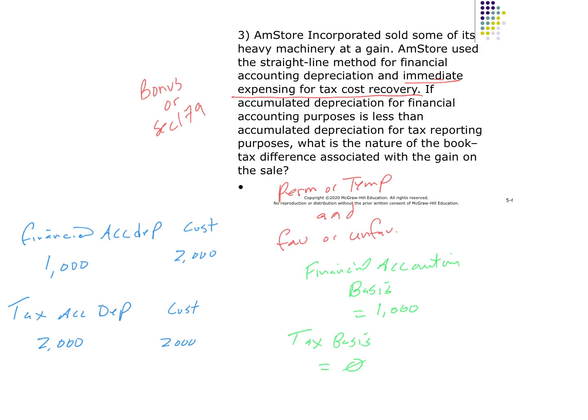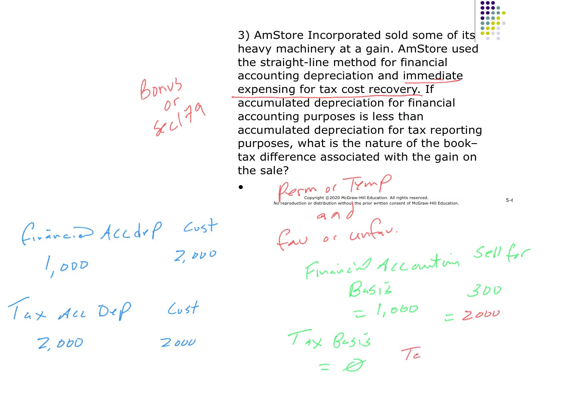So if we sell this asset for $3,000, then our financial accounting gain is $2,000.